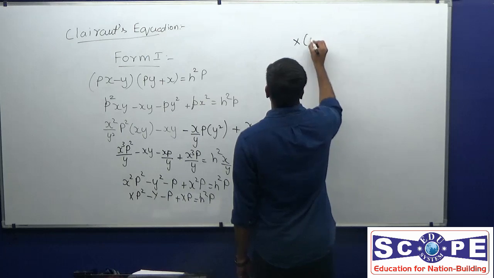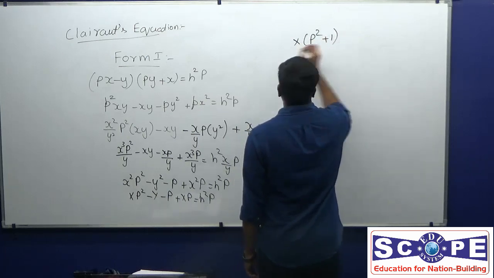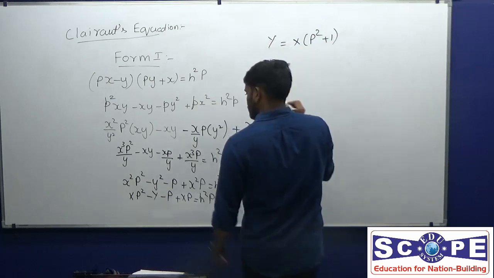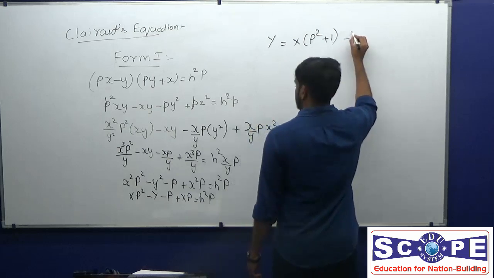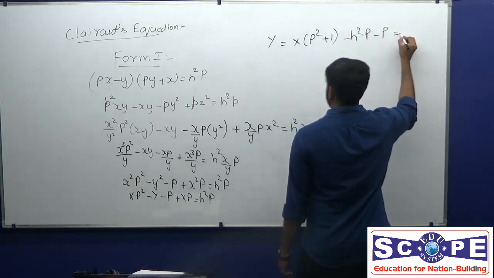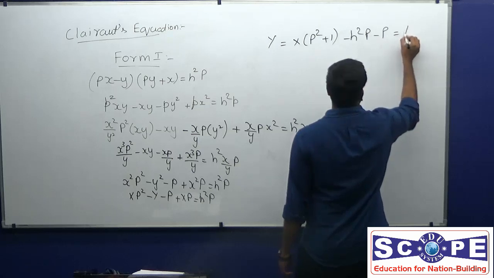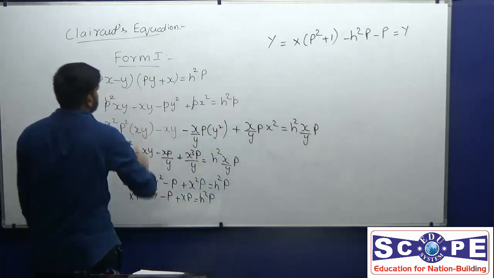X, if you take it as common, x into p square plus 1 y equal to minus h square p minus p equals to y. Did we miss any term here? Minus xy h square p.